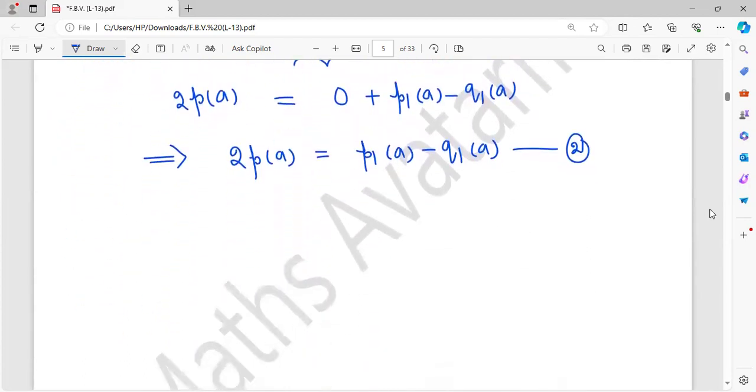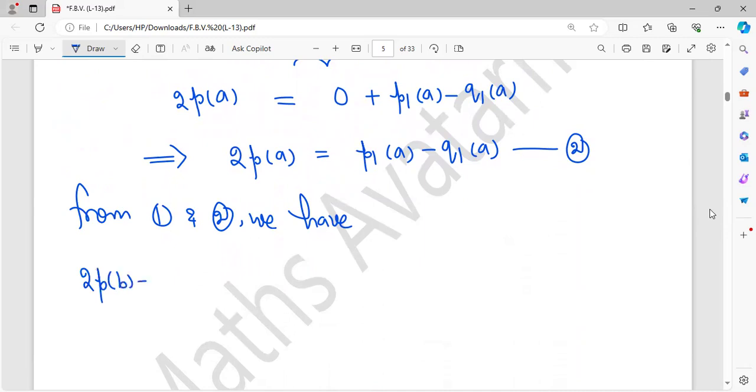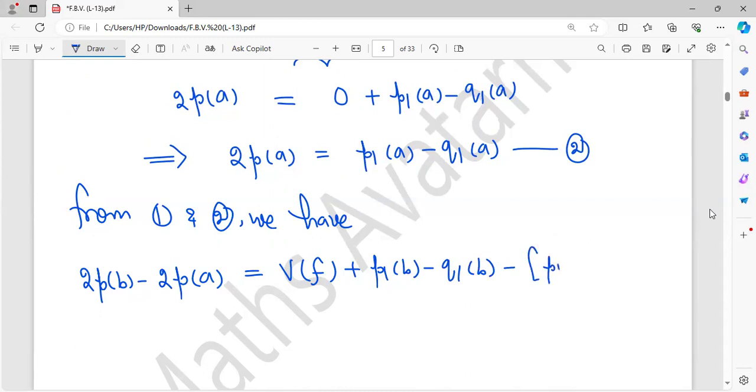So from 1 and 2, we have 2 times P(b) minus 2 times P(a), which is Vf plus P1(b) minus Q1(b) minus P1(a) minus Q1(a).